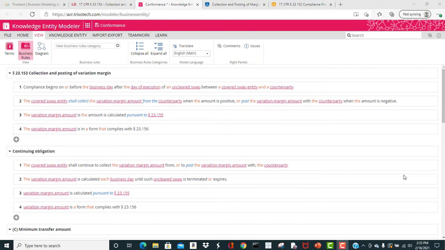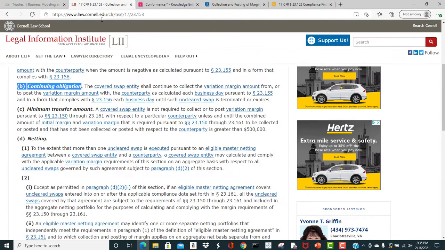So let's look at the next section, continuing obligation. The rules in continuing obligation are similar to the prior one, where we have a time frame rule, each business day until such unclear swap is terminated or expired. We have a rule about collecting or posting the variation margin amount with the counterparty, a rule for calculating it pursuant to 23.155, and a rule that says it complies with the form that is in 23.156.